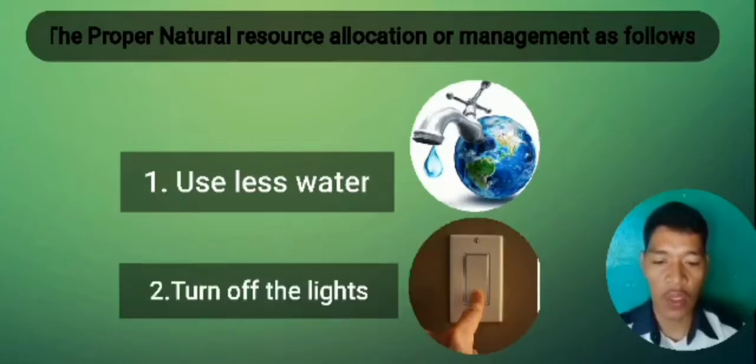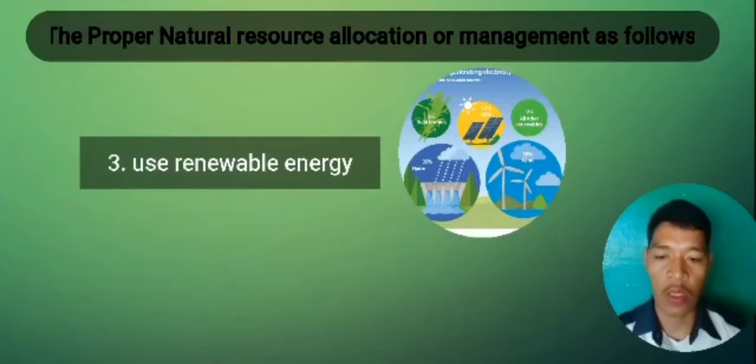Turn off any lights or television after you leave a room. Unplug appliances like portable air conditioners, toasters, and coffee makers when not in use, as they can continue to use a small amount of electricity. Use renewable energy. Renewable energy replenishes itself, cutting down on our need to harvest new resources.